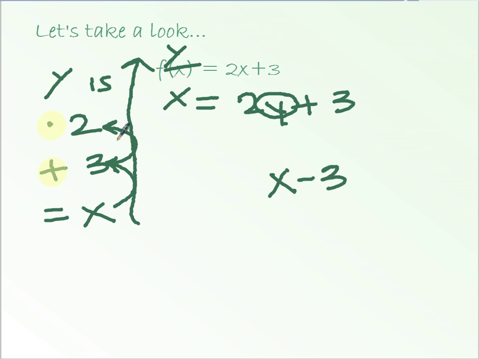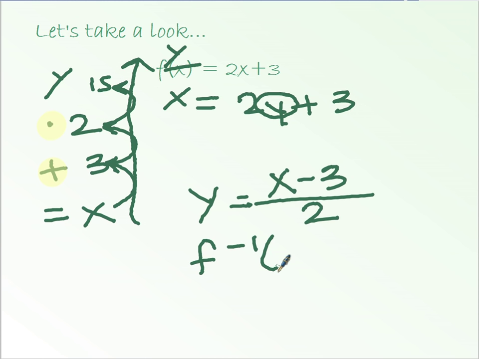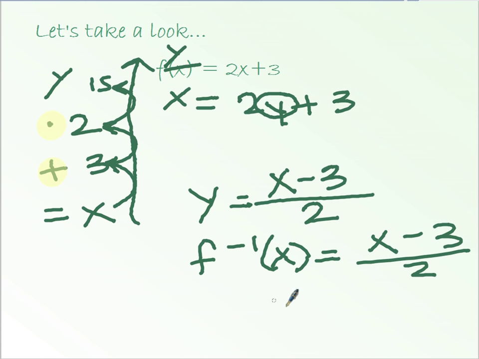Then I look at the next step and say, what's the opposite of multiplying by 2? That's dividing by 2. And then finally, the opposite of beginning with y is ending with y. So I can put that my inverse function is x minus 3 all over 2, or like I said, I can split that up and put x over 2 minus 3 over 2.